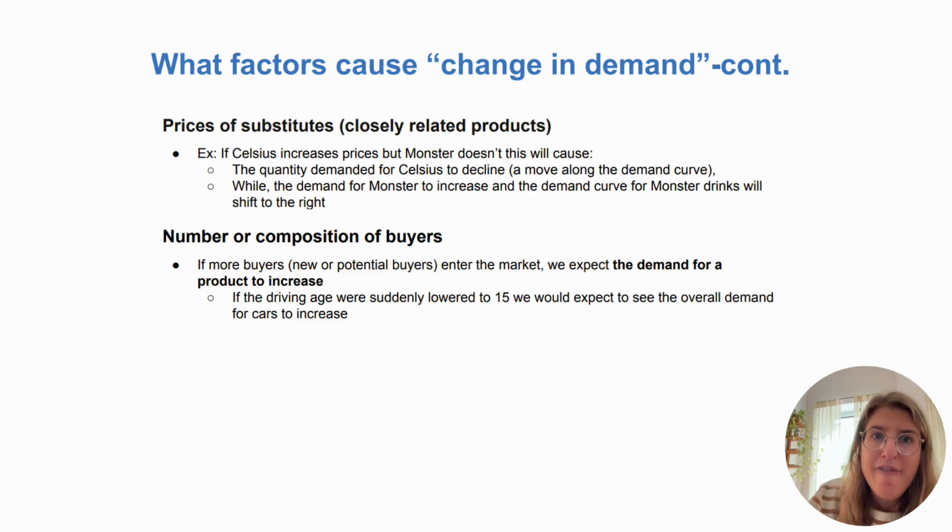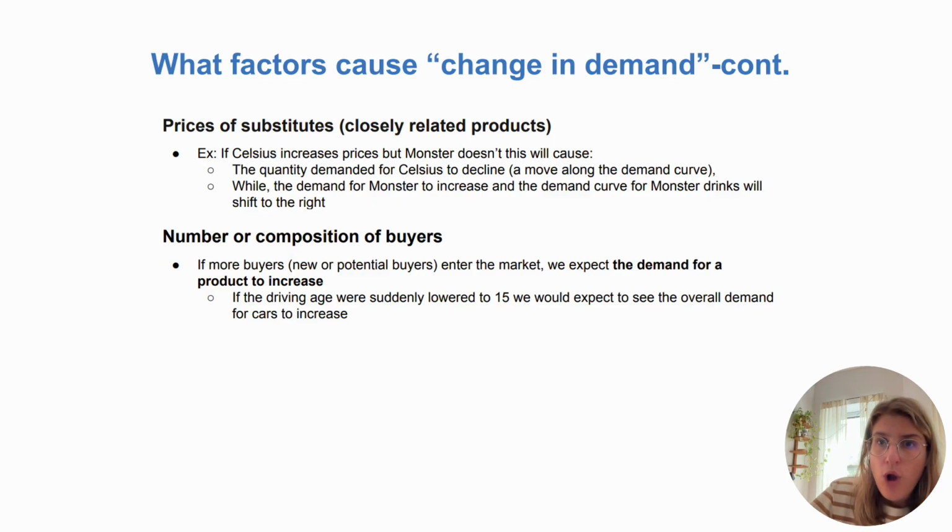So if the price of Celsius energy drink goes up, but Monster energy drink doesn't raise their prices, people buy fewer Celsius drinks, okay? That's just movement along Celsius's demand curve. But at the same time, demand for Monster rises, and that would shift Monster's entire demand curve to the right. So one product's price can directly affect the demand curve for its competitors.